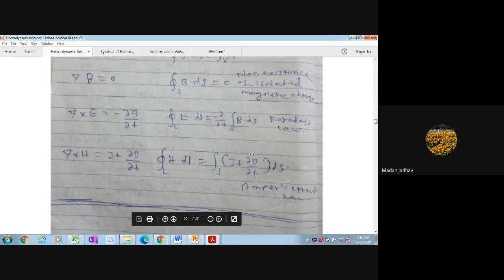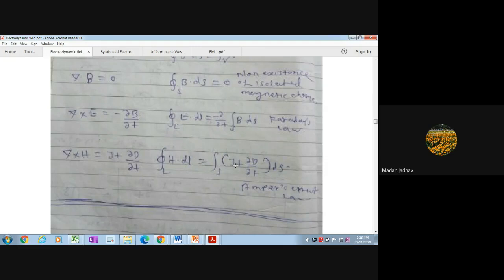Now afterwards there is another integral form, the closed line integral of H dot dl is equal to the surface integral of J plus ∂D/∂t.